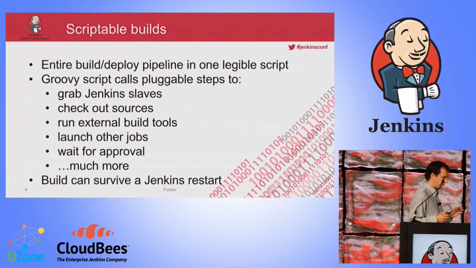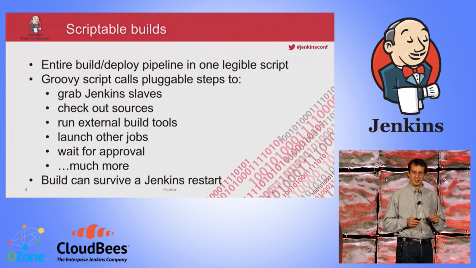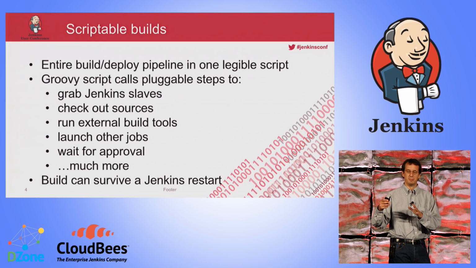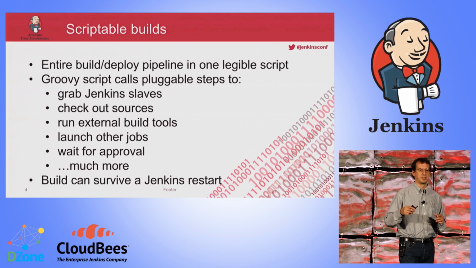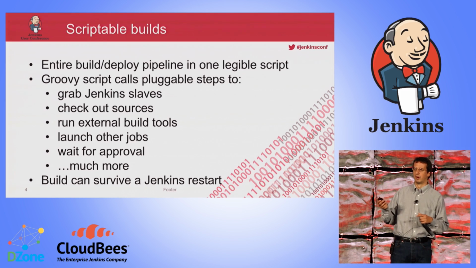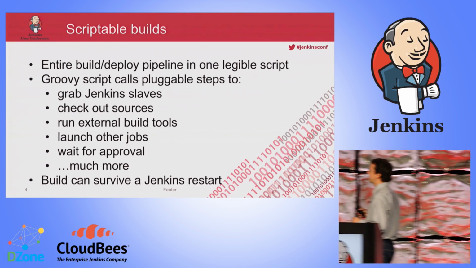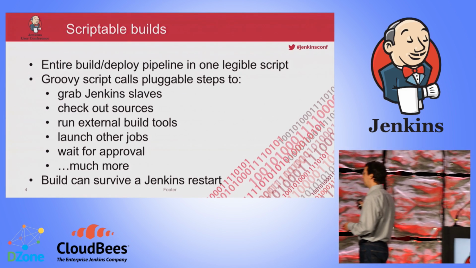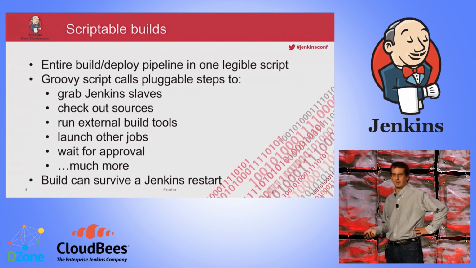This script is glue code, a way of telling Jenkins: I'm running my regular build step now, but once this is done, use your plugin for publishing test results. Use your plugin for getting me a build machine on Amazon EC2. Take advantage of these different Jenkins features at the points that you need them. So you can get slaves, and you can check out sources using version control systems that are integrated with Jenkins.